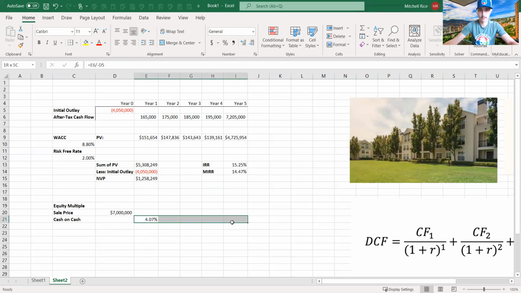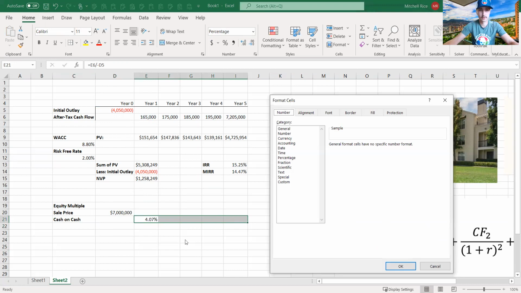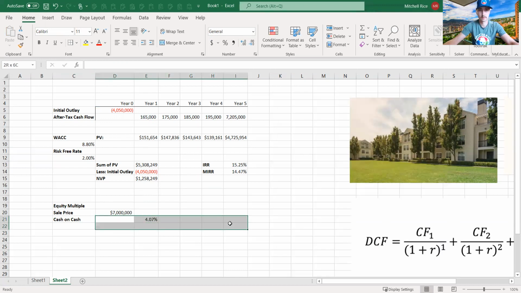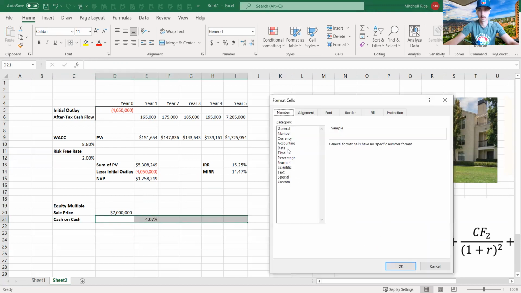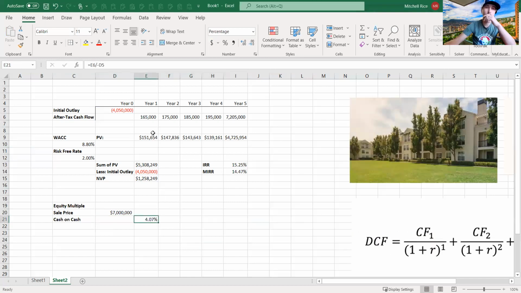So let's do that with this whole row. Okay, so you can see in year 1, our cash on cash return was just over 4%. So the $165,000 that we made on the back of our $4 million investment was about 4%. Then we can do this for every year.